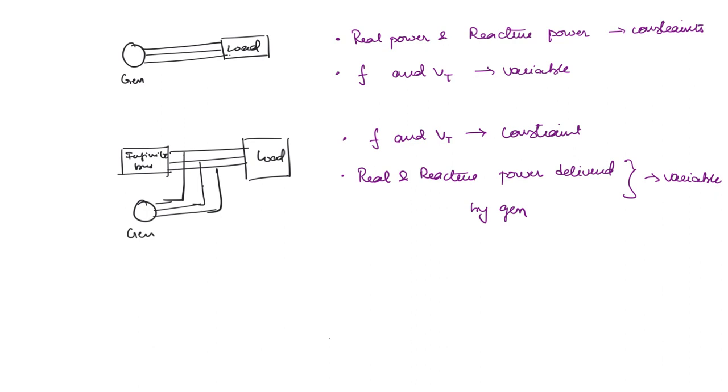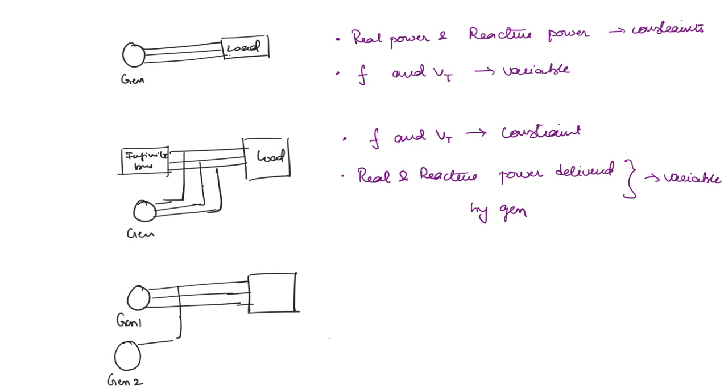Now in case of generators of almost the same size operating in parallel, so that means there is no infinite bus, just a few generators, what will be the constraint and the variables? This is generator 1, let us say. Now you have another generator connected in parallel to generator 1.